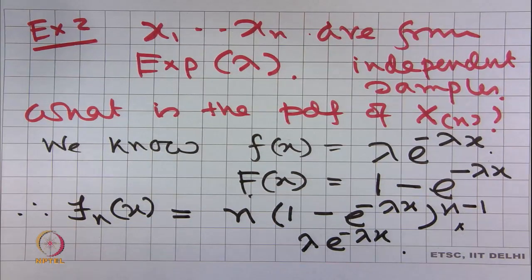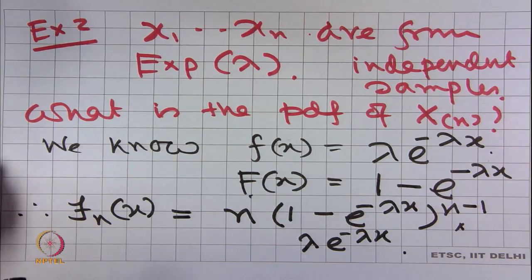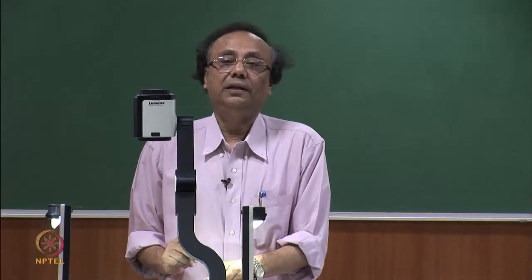So, like that we can get the distribution of the maximum of the n samples from an exponential random variable.